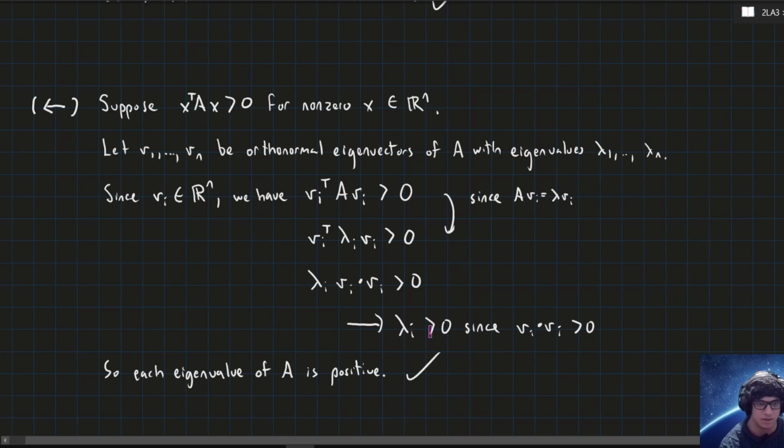It can't be 0 because then this expression would equal 0, and it can't be negative because then it would be less than 0. So it has to be positive. That shows that if we start with positive energy, we're required to have positive eigenvalues for A.